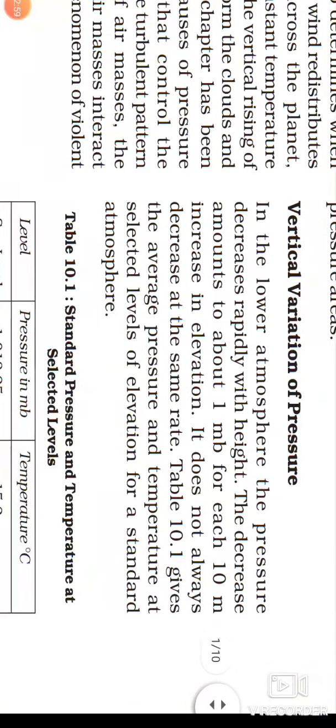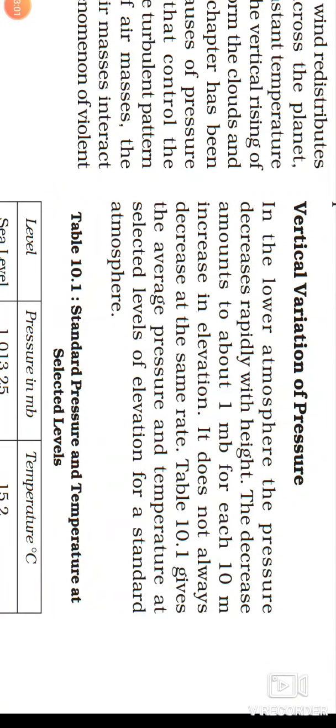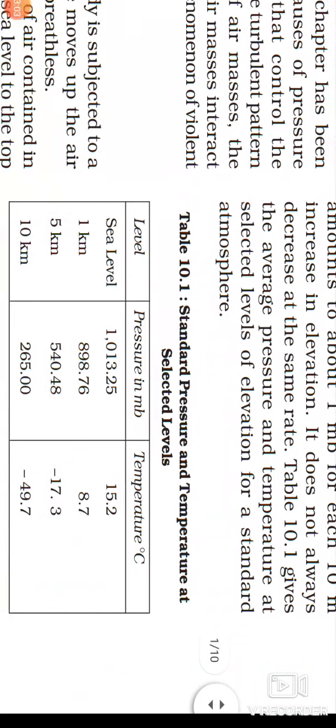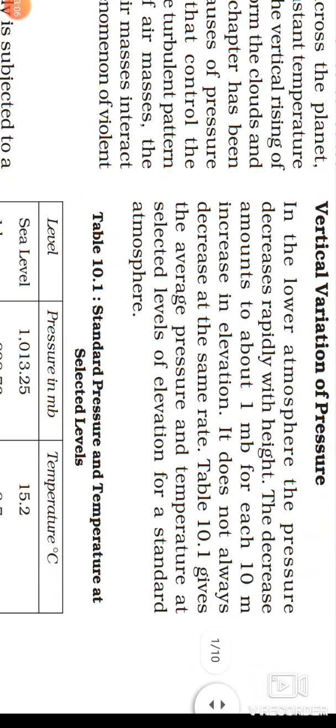Okay, the next topic is vertical variation of pressure. How does the pressure vary vertically? Okay, simply we had said that on the surface of Earth the pressure is extremely high.